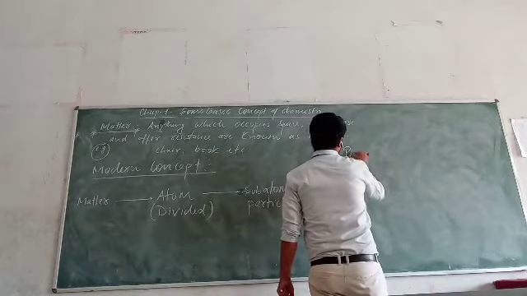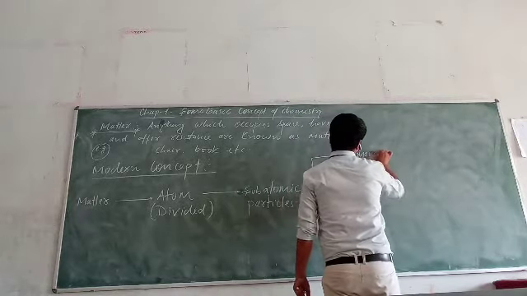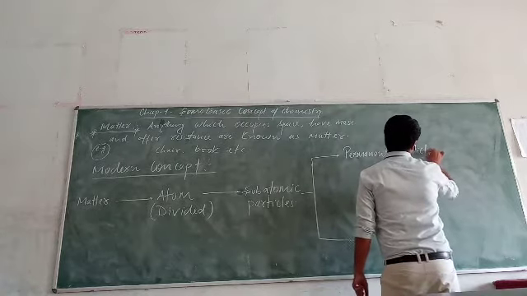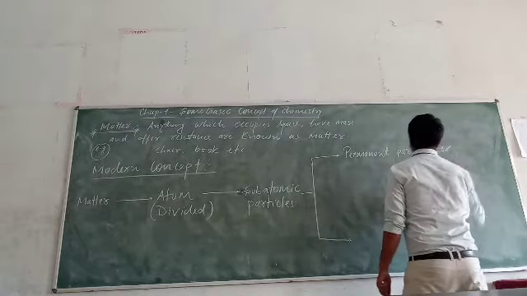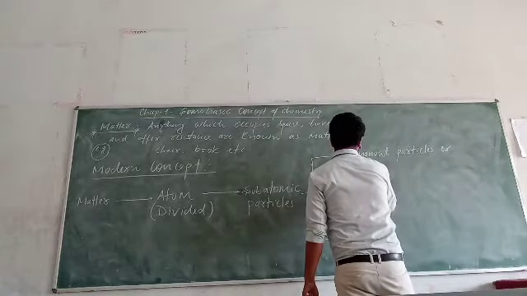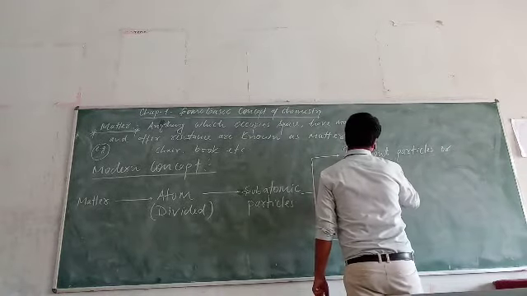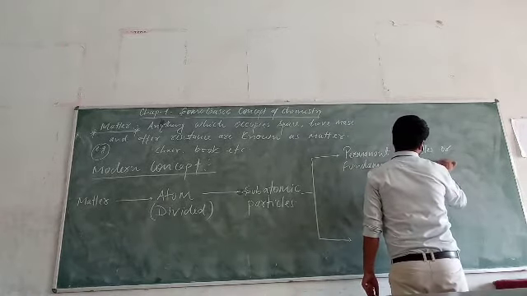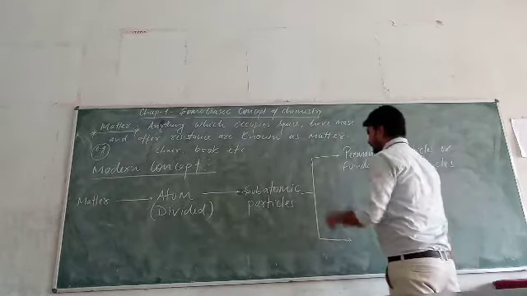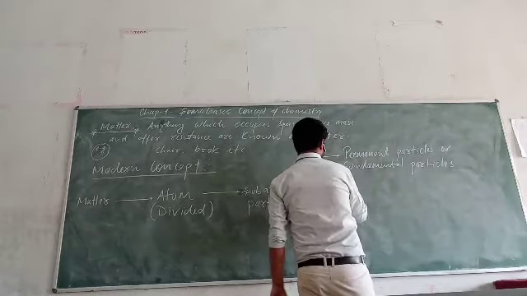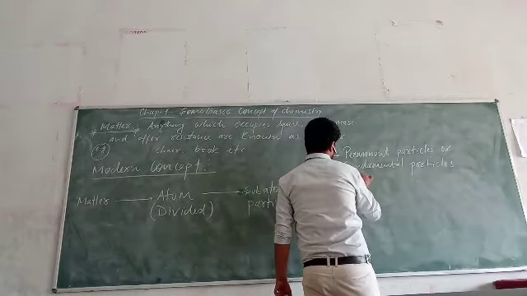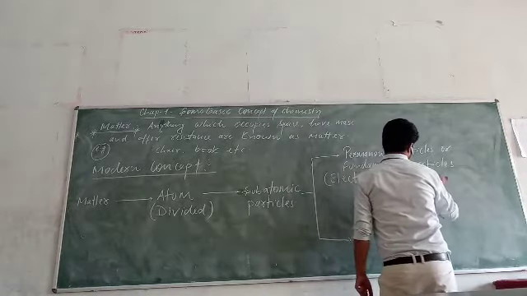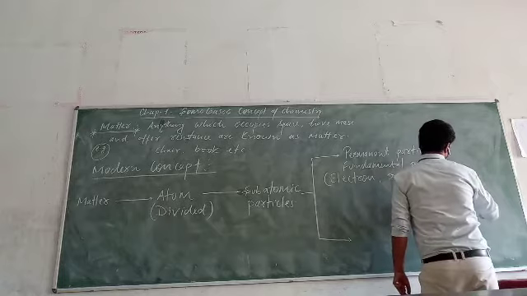The first type is permanent particles, which can also be named fundamental particles. In fundamental particles we consider three things: electron, proton, and neutron.